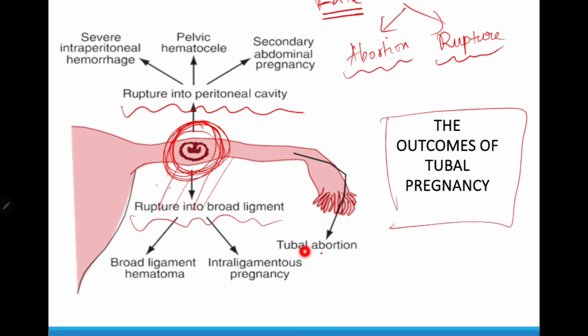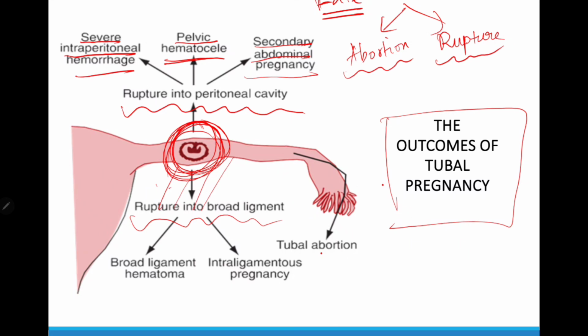Rupture into the peritoneal cavity can cause severe intraperitoneal hemorrhage, pelvic hematocele, and secondary abdominal pregnancy. All these three events are very important. So an ectopic pregnancy in the fallopian tube is going to rupture into the peritoneal cavity, and after it ruptures, there are three events which can occur.